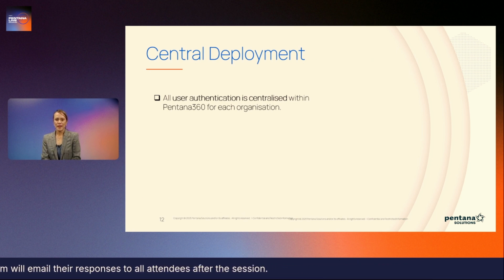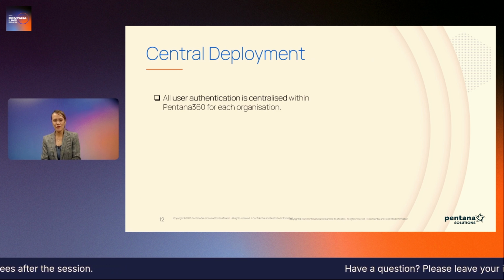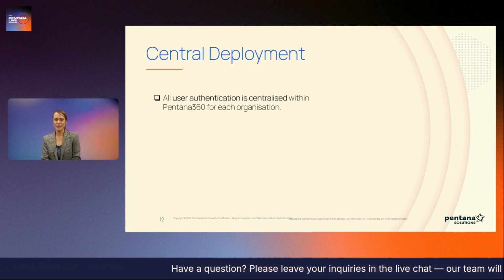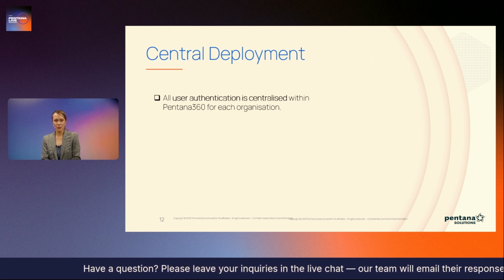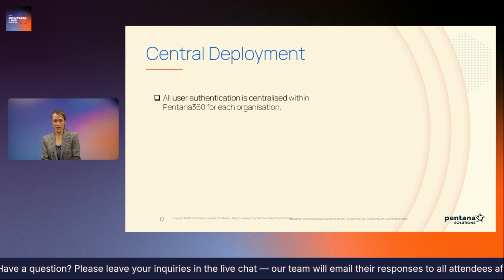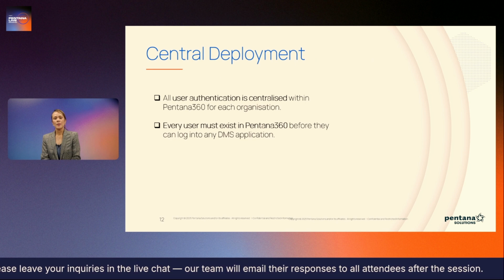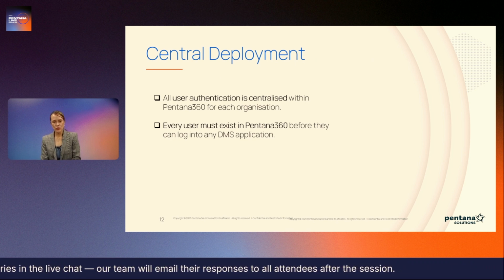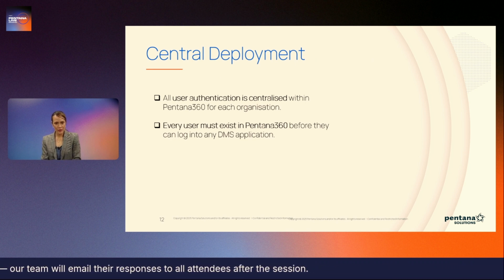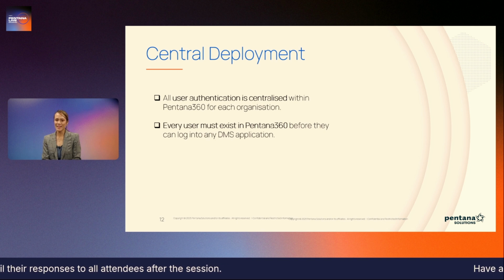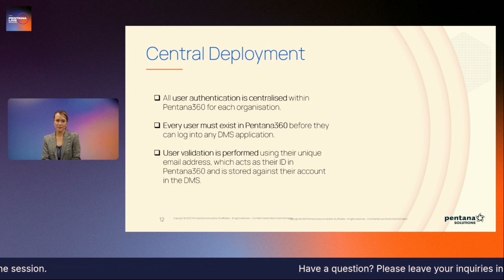This slide explains what we mean by central deployment in Pentana 360. Every organization's users authenticate through Pentana 360 as the entry point to the connected applications. Practically, this means a user must be created in Pentana 360 first before they can access any connected DMS application via Pentana 360.